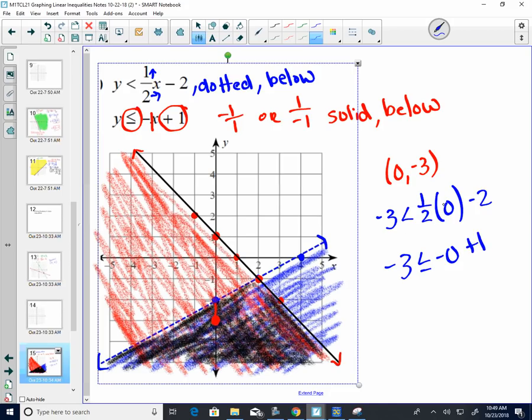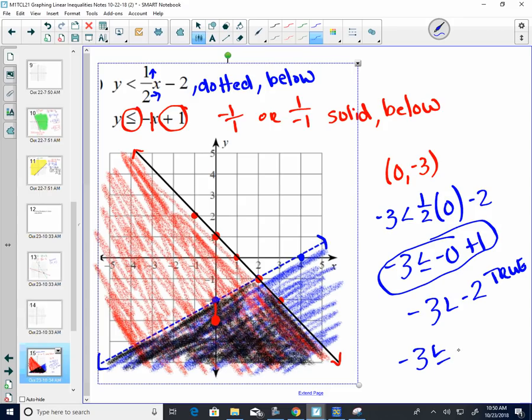So if I solve this one, that is negative 3 is less than negative 2. That is true. So that is a solution for that inequality. If I solve this one, that is negative 3 is less than or equal to 1. That is true because negative 3 is less than 1, so it makes the second inequality true.